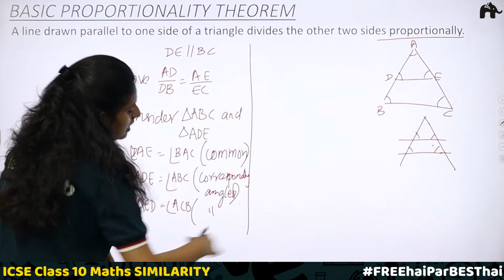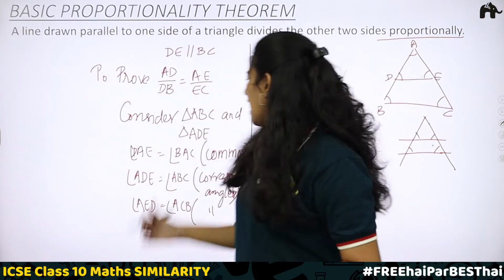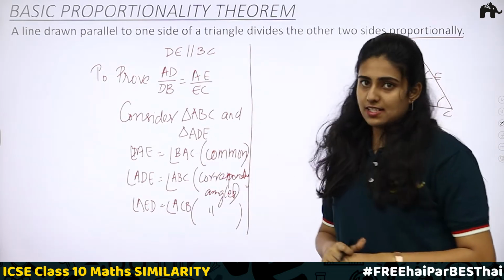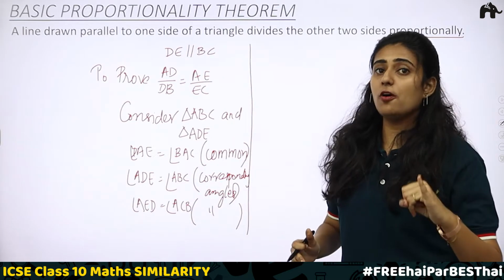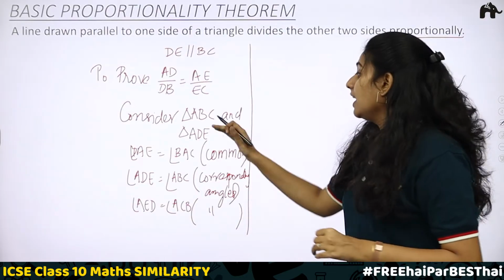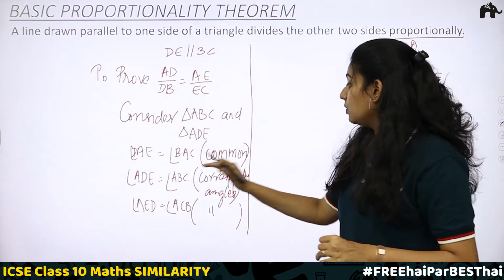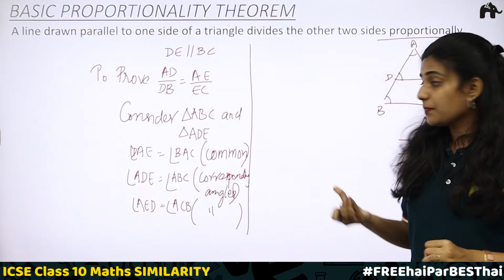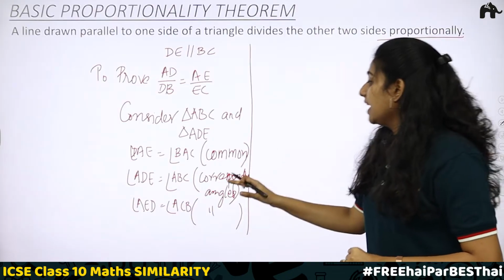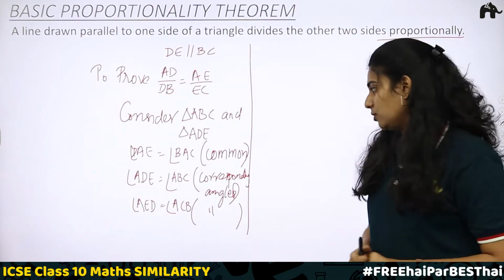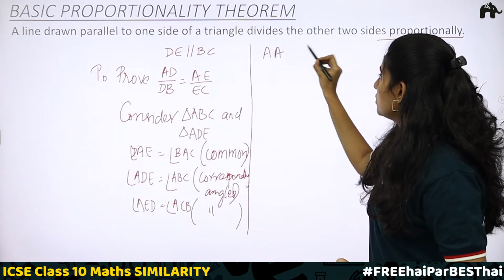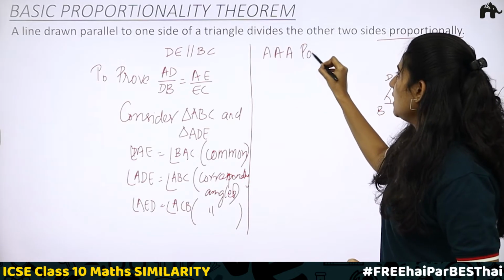Reason, the same, corresponding angles. If at least two angles are equal, then the triangles are similar. We have studied this property, the AA postulate or AAA postulate. Here we are getting all the three angles equal. If two angles are equal, then according to the sum of interior angles of a triangle, we'll get the third angle also equal. So from this we are using the AA postulate or AAA postulate.